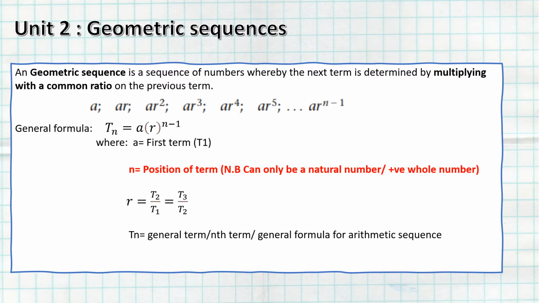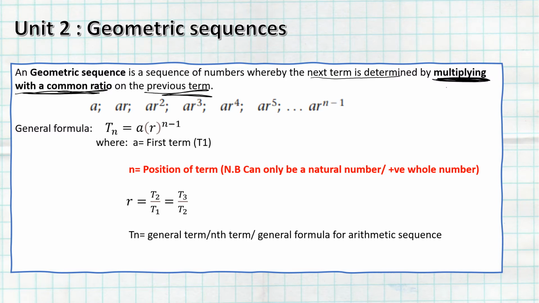So geometric sequences, like I said, before you start a topic, you must understand what it means. This is very key in understanding the examples: how are we solving these questions, and from which knowledge are we getting all this? So I put a definition of a geometric sequence, very different from arithmetic sequence. A geometric sequence is a sequence of numbers whereby the next term, very important information, is determined by multiplying the previous term with a common ratio.